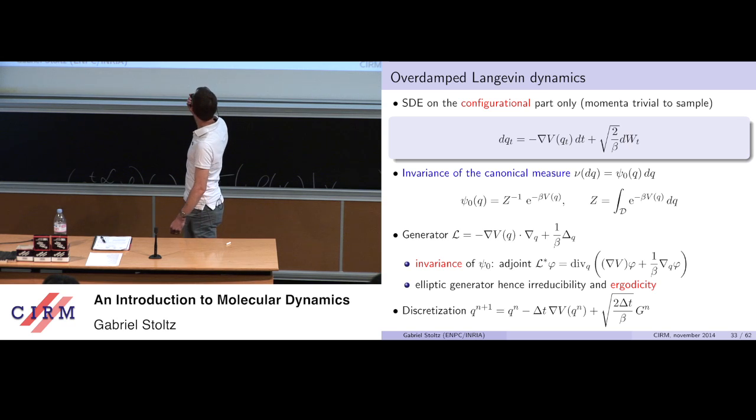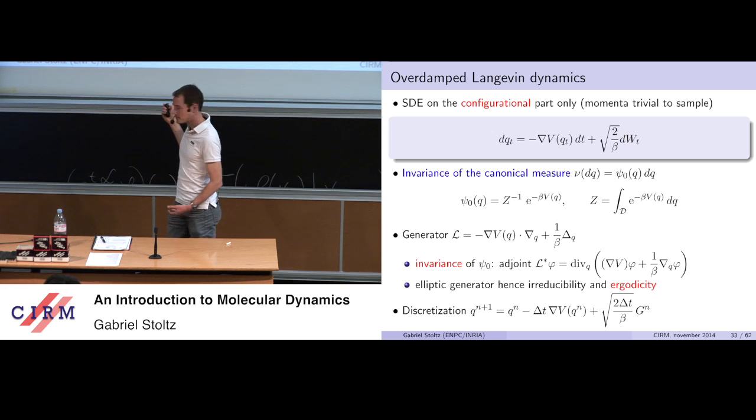And so here again there is a precise balance between the two terms, which is encoded by the square root of 2 over beta prefactor in front of the diffusion. And this prefactor is chosen so that the exponential of minus beta V is an invariant measure for this dynamics.